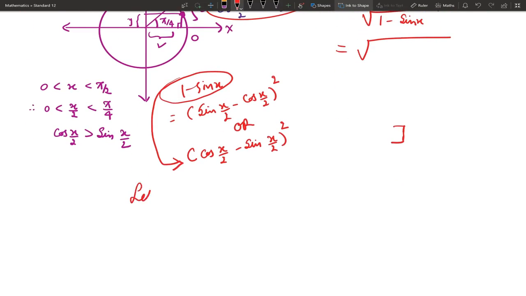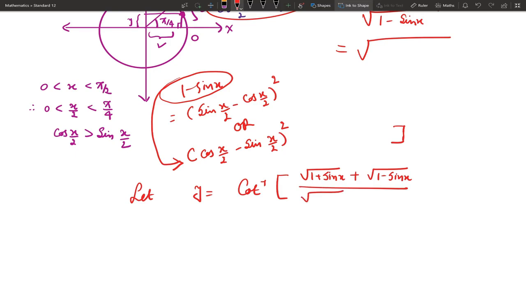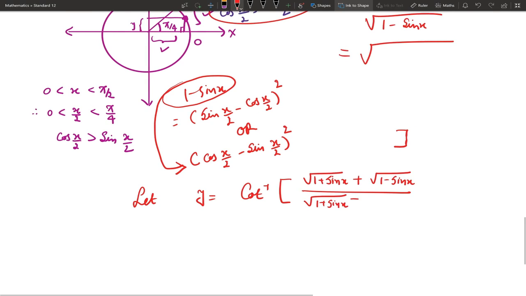So let y equal to cot inverse of (under root 1 plus sin x plus under root 1 minus sin x) upon (under root 1 plus sin x minus under root 1 minus sin x).